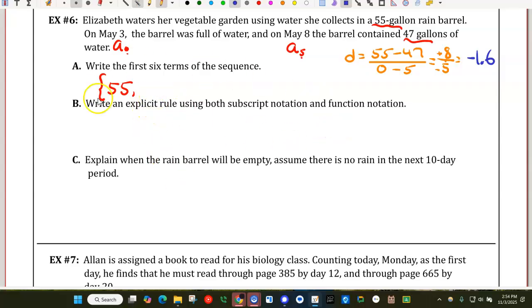So we have to go down by 1.6 each time. So minus 1 and minus 0.6, 54 to 53.4. We'll be at 51.8. We have 50.2.